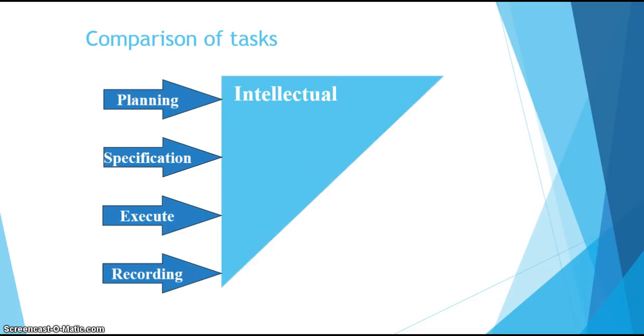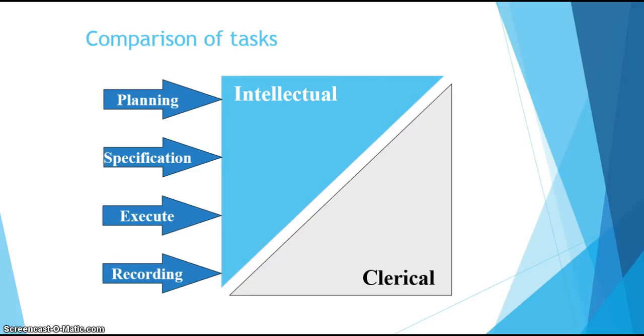Now we will compare these tasks: planning, specification, execution, and recording. Planning, specification, and execution, some part of all these are very intellectual tasks, and a lot of designing, a lot of thought process goes into that. There are also many repetitive tasks.